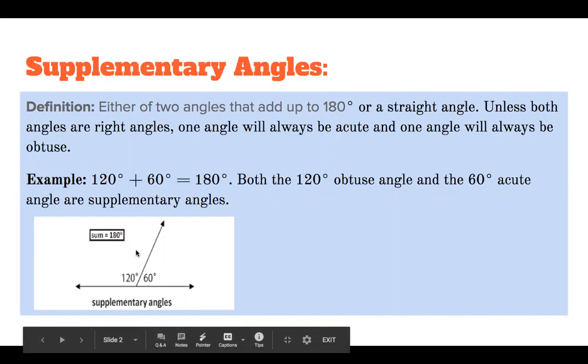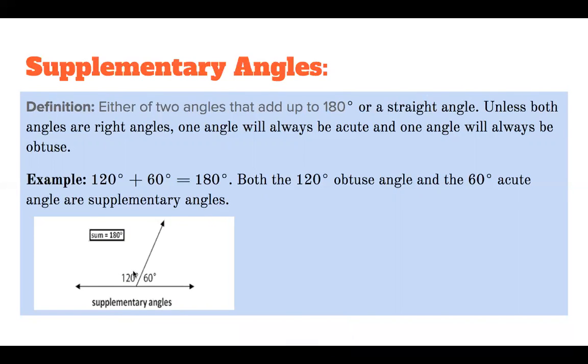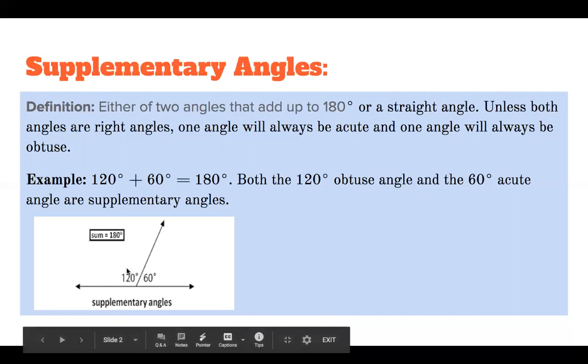For example, if this ray was straight up and down, we would have two 90-degree angles on both sides. That's the only time you would see the angles not being one acute and one obtuse, but otherwise that should always be the case, okay?